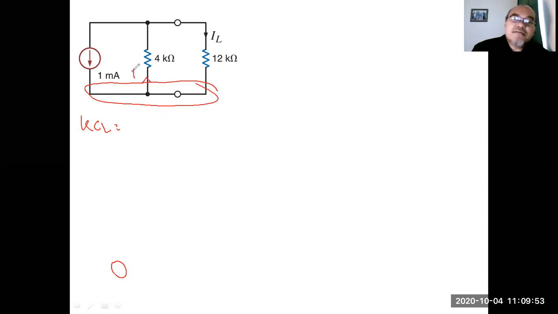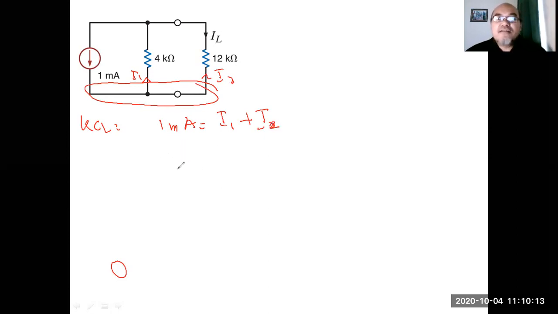Let's say this is I1 and this is I2, and these become current out. So 1 milliampere here equals I1 plus I2, with I2 pointing upward.